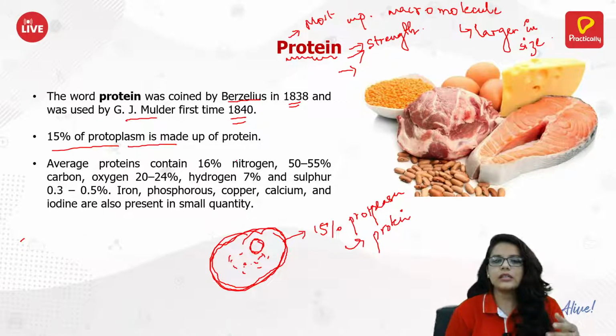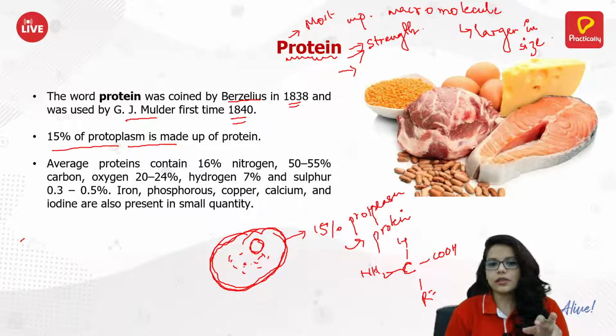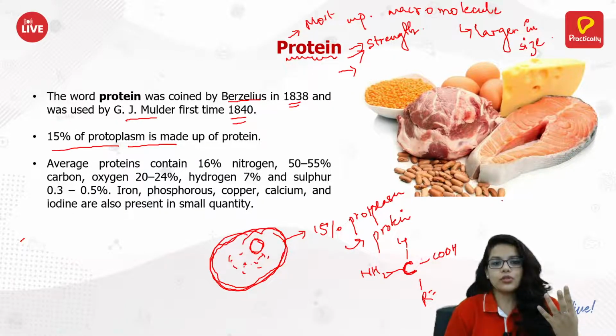Now we know how an amino acid looks. An amino acid will have a carbon, hydrogen, an amino group, a carboxylic acid group and an R group. This R group can change, it is variable. So it has nitrogen in the amino group, carbon, oxygen and hydrogen, and also sulfur.